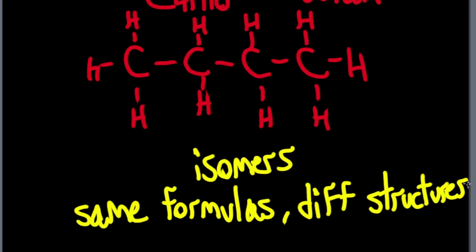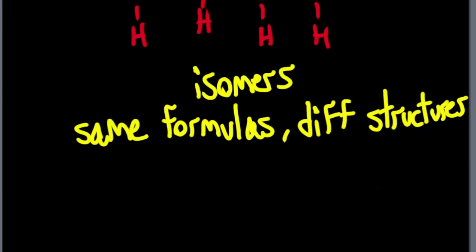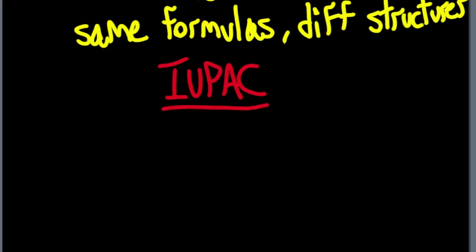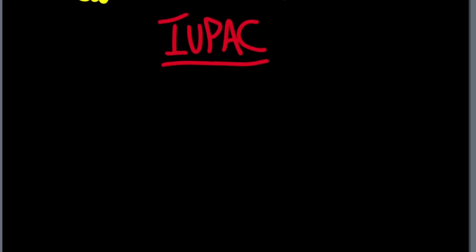Now, once we start finding a lot of branching, so a lot of iso-looking branching and stuff in alkanes, it's going to be easier to use a system called IUPAC when naming them. Okay? And that is called IUPAC. We are going to use IUPAC a lot in this class. Okay?